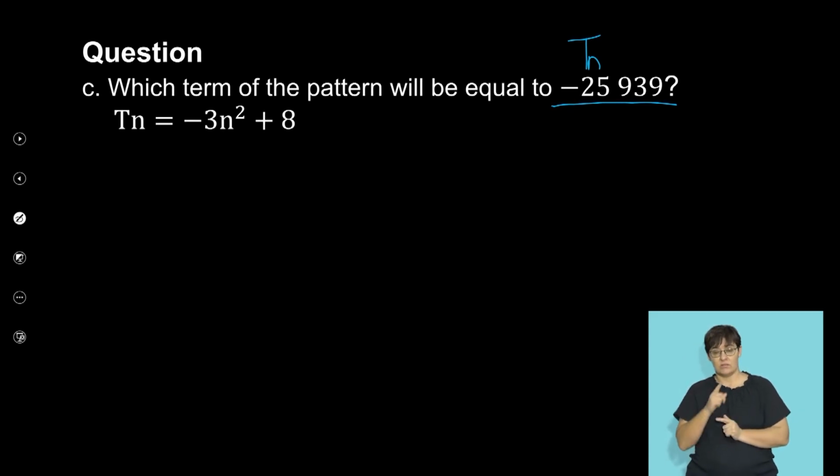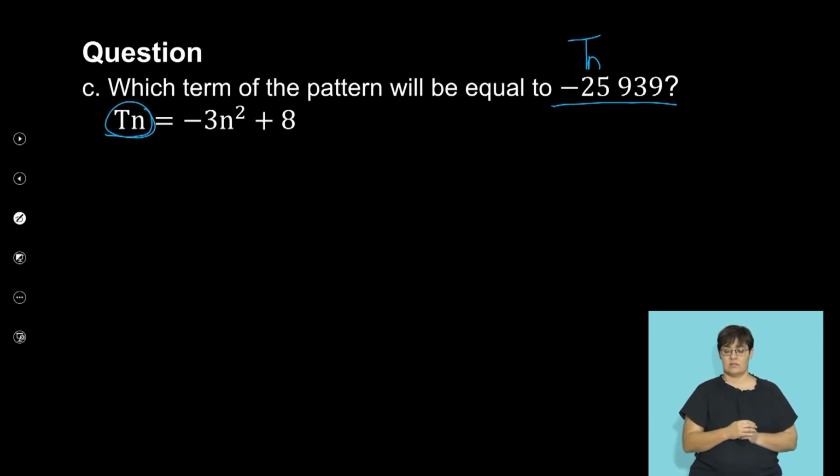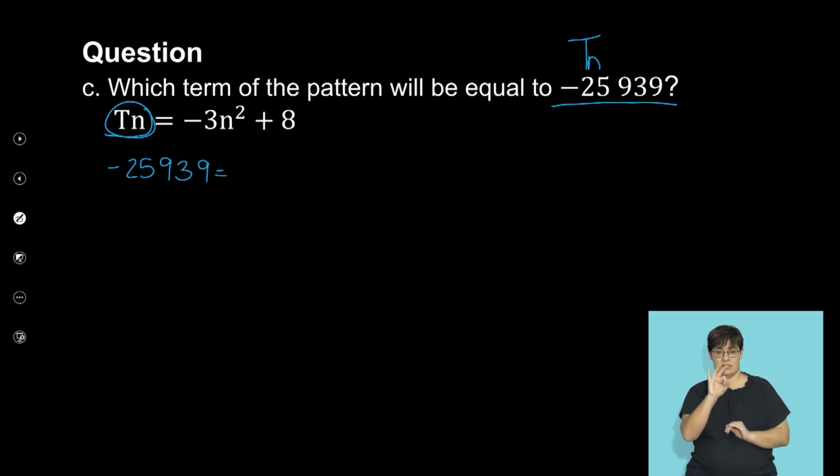So I'm going to be substituting in negative 25,939 for Tn because I am solving for n. So this is going to be substituted in over there. So I'm going to have negative 25,939 is equal to negative 3n squared plus 8.